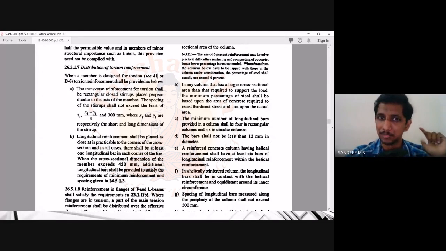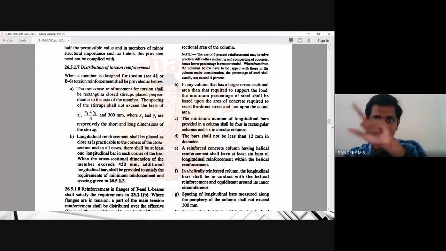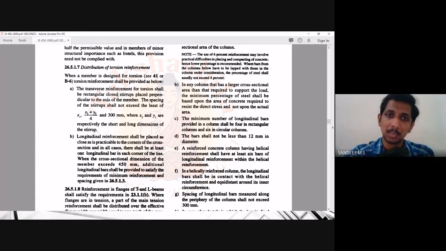But here the case is different. The transverse reinforcement for torsion shall be rectangular closed stirrups. They have specifically mentioned that it should be rectangular closed, again closed. I hope you remember the concept of looping. Closed stirrups, again placed perpendicular to the axis of member.